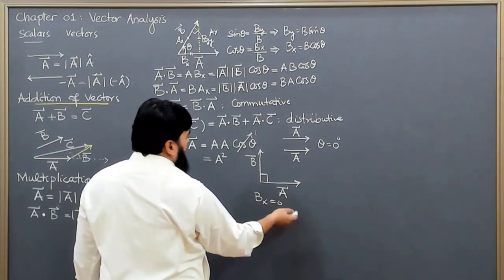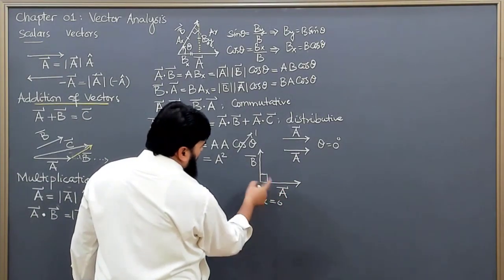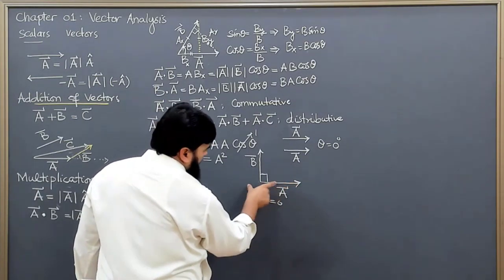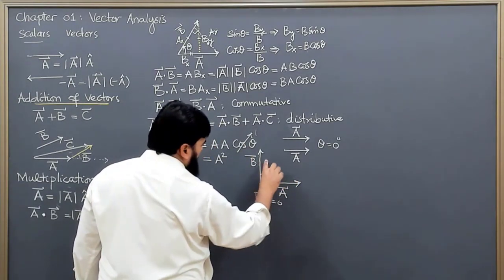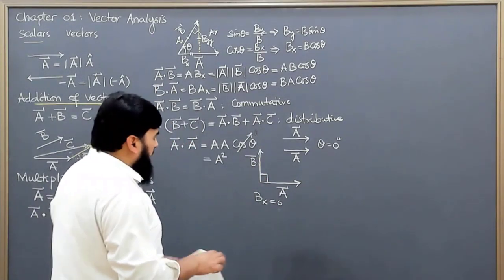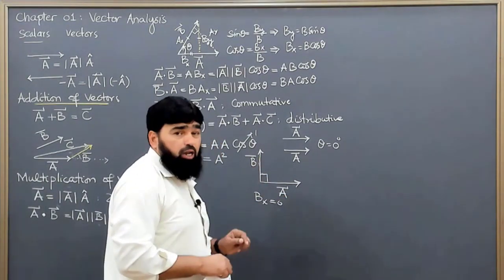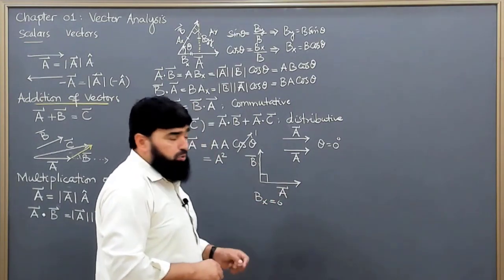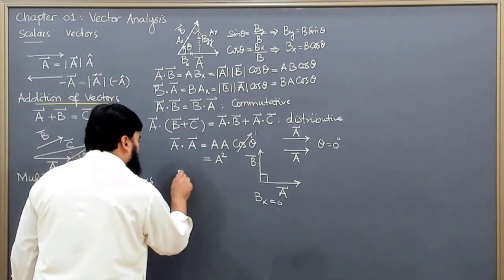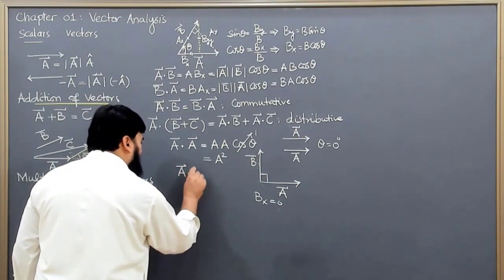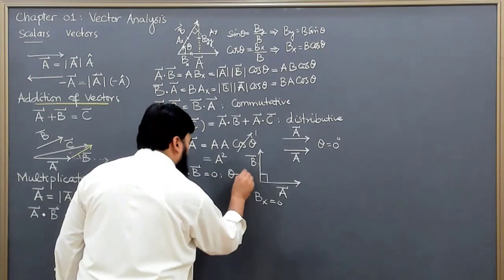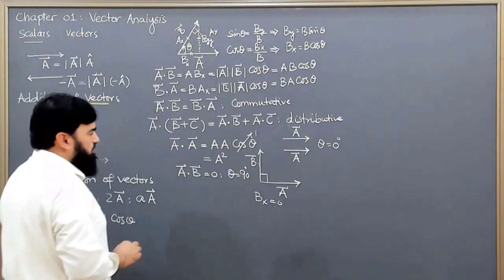Similarly, if I make it the other way around, like B dot A, so the A x component is here. This is A, and when I resolve it into components, it will have its x component equal to 0 on B. So the A vector has no projection along B, no contribution along B. Similarly, the B vector has no contribution along A, and due to that reason, I will say that A dot B will be equal to 0 if their angle is exactly 90 degrees.